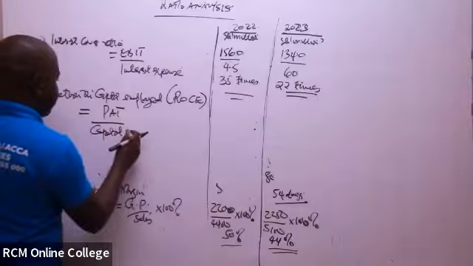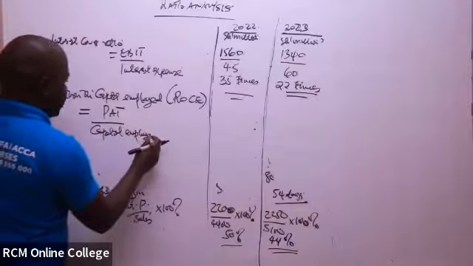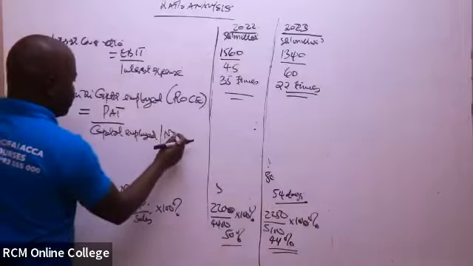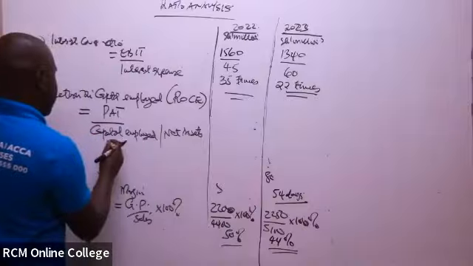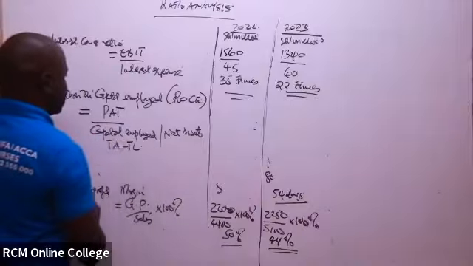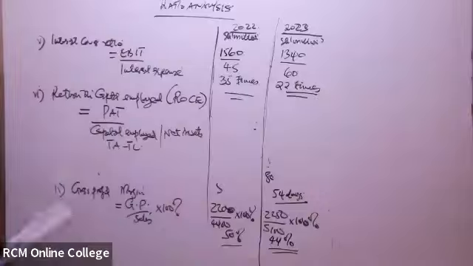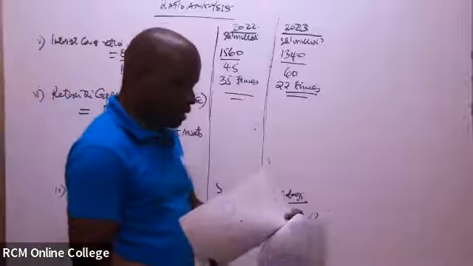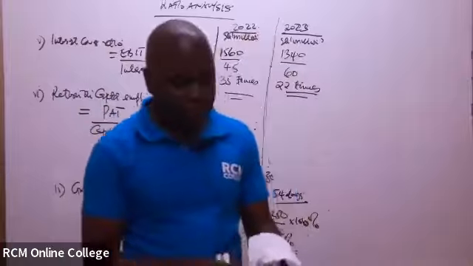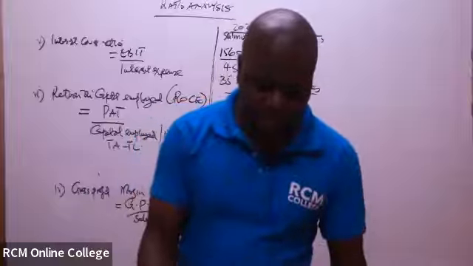This is the same as net assets, so you take total assets and minus total liabilities. If we look at our income statement, you need to look at the figure that is profit after tax.